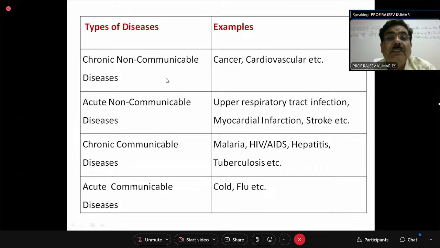Chronic non-communicable diseases are cancer and cardiovascular disease. Acute non-communicable diseases are acute but not communicable, such as upper respiratory tract infections, myocardial infarctions, strokes, etc. Chronic communicable diseases are malaria, HIV, hepatitis, TB. Acute communicable diseases are cold and flu.